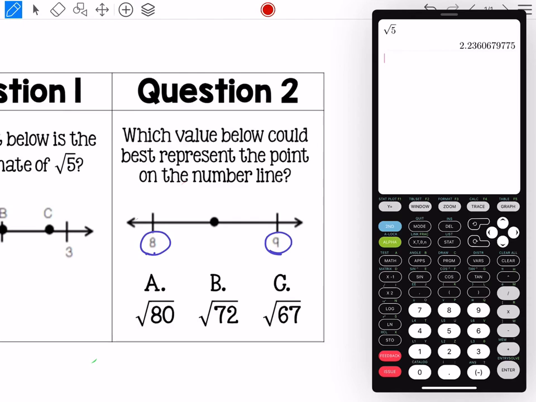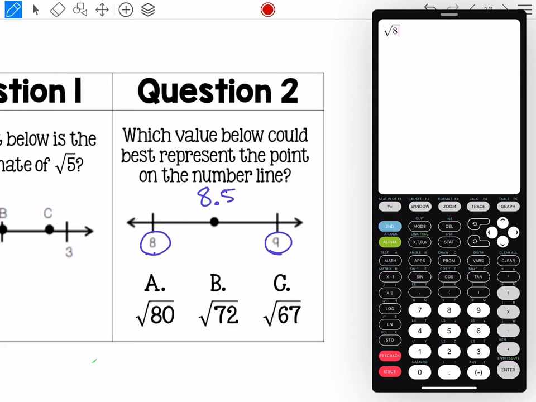If we look at our point, it's almost about halfway, if not exactly halfway between 8 and 9, and halfway between 8 and 9 is 8.5. So we just need to figure out which of these options, A, B, or C, is as close to 8.5 as possible. So again, we're going to go to our calculator and put in each one of these.